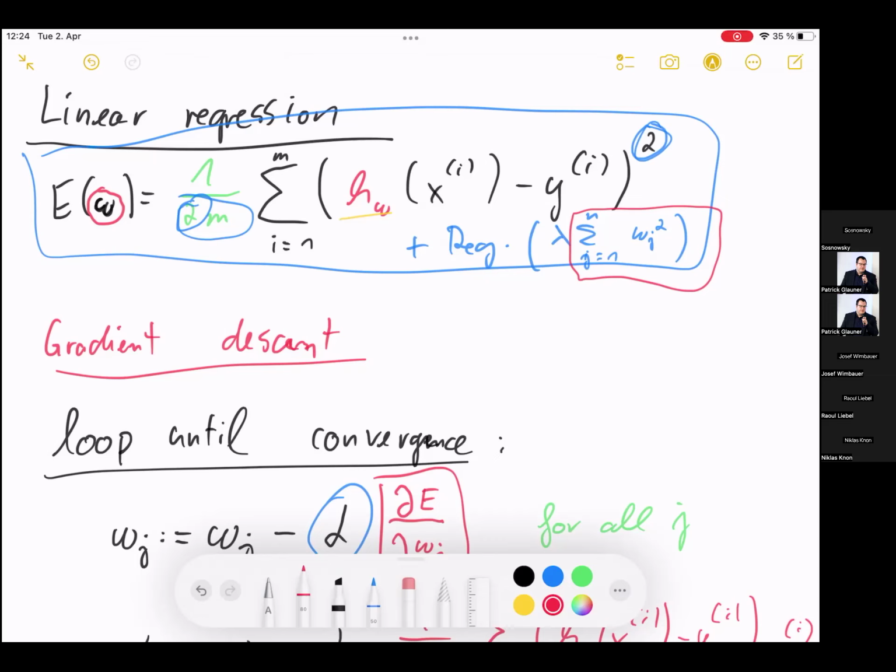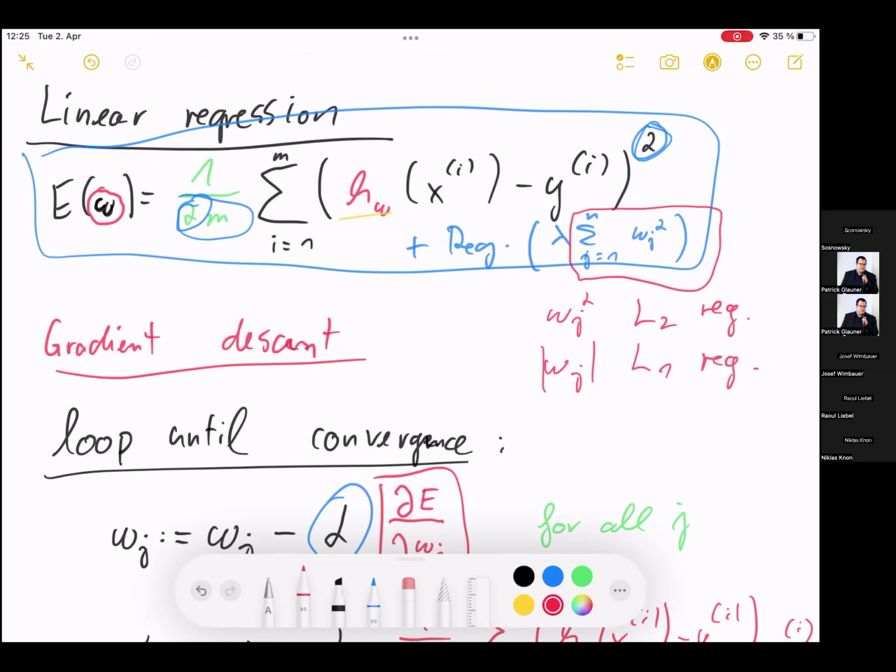One approach is that I take the value squared, which is L2 regularization. So I'm just writing this here. I'm taking the weight squared. I can also take the absolute value. This is then an L1 regularization.